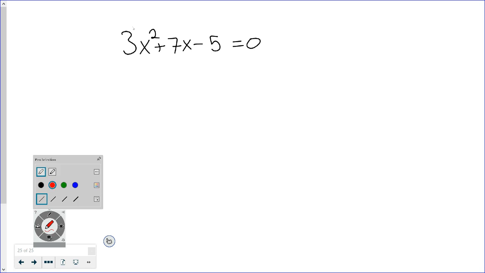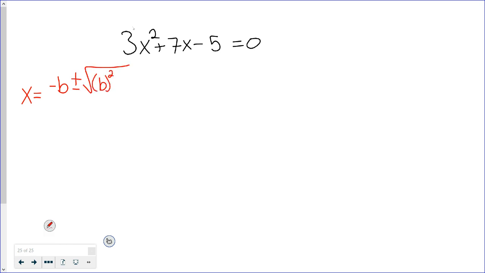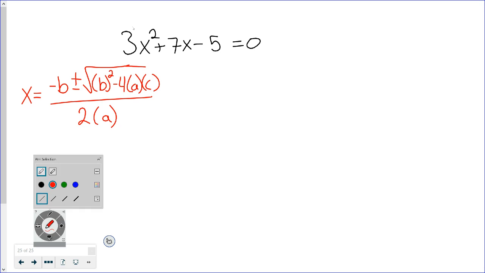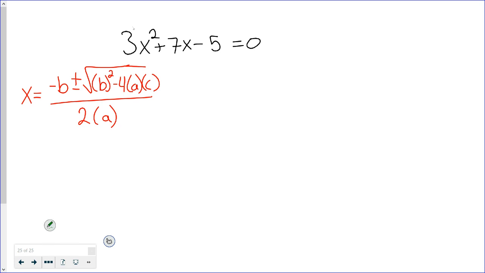If you don't have the quadratic formula written down, it is x equals -b plus or minus the square root of b squared minus 4 times a times c, all over 2 times a. So we need to do this. We'll grab what a, b, and c are, and we'll just plug it in and let the calculator do a lot of the work.